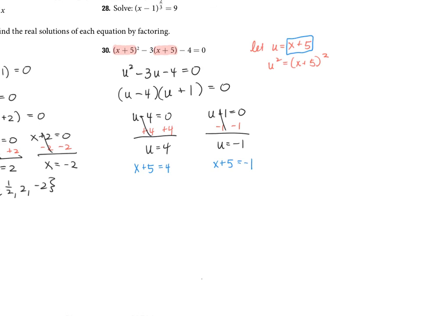And then we're going to just solve that. So minus 5 from both sides. We end up with x equals negative 1. Minus 5 from both sides in this case. We end up with x equals negative 6. So our two solutions for x are negative 1 and negative 6.